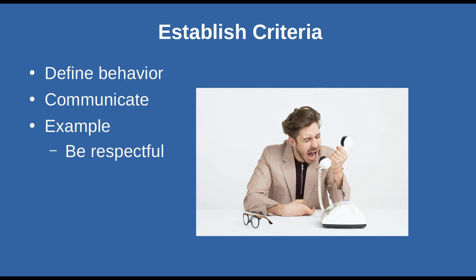If you look at our 3rd bullet here, we have an example. You might have a criteria of being respectful. This is a common rule in many classrooms, but it's kind of vague and unclear what exactly you mean by being respectful. This is why we have the other steps to help clarify things for the students.